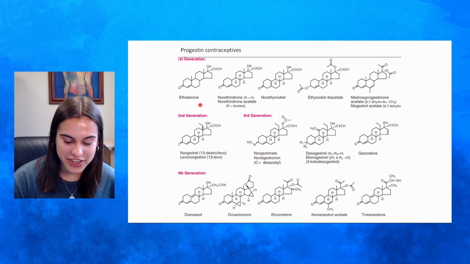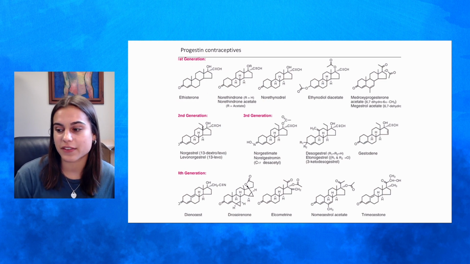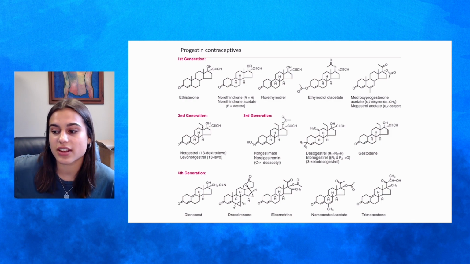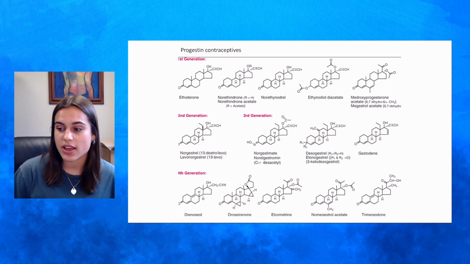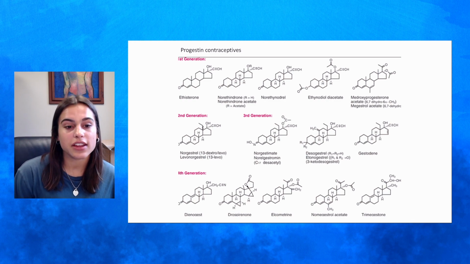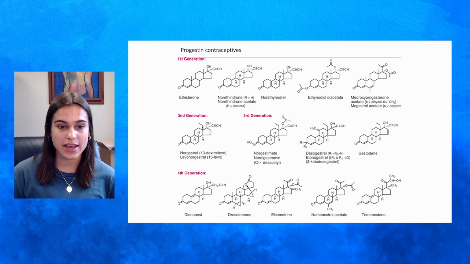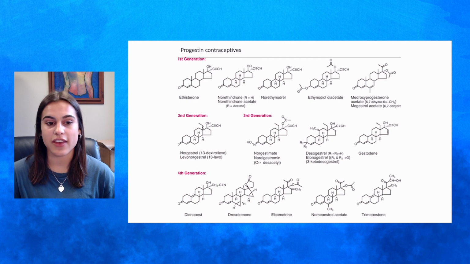I'll start with first generation. Ethisterone was the first successfully discovered progestin in 1941. It had clinically useful potency, and it was synthesized from male sex hormones in an attempt to find an orally active androgen.